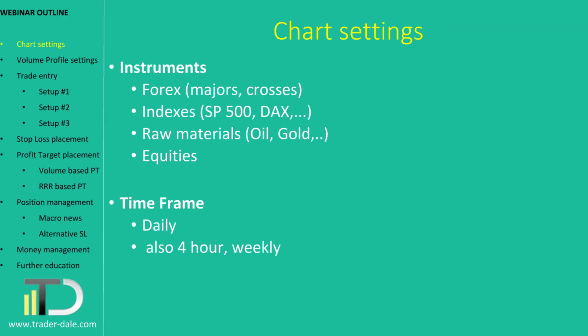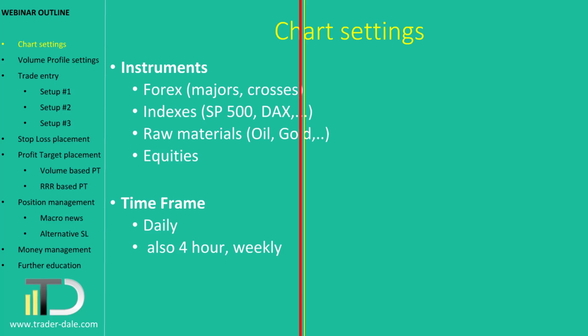So let's start with how to set up charts for swing trading. Because volume profile is a really versatile tool, you can use it for any instrument which you like to trade. So you can trade forex, you can trade major, minor, or cross pairs. You can trade indexes, you can trade raw materials like oil or gold, or you can use it for equities.